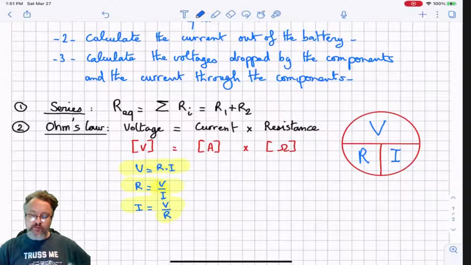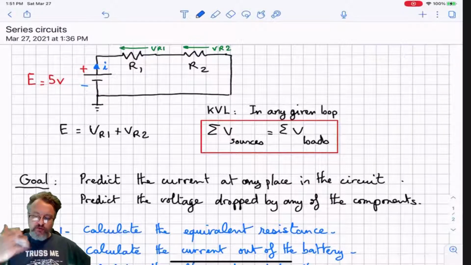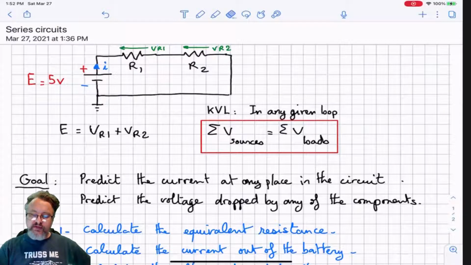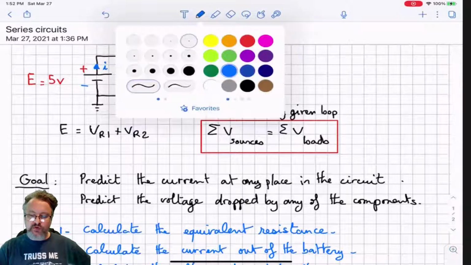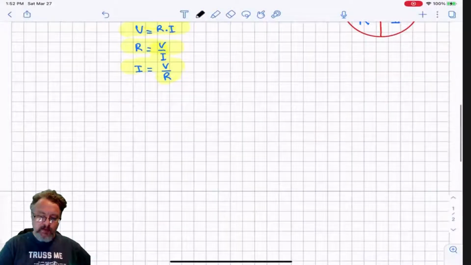Okay, so let's go back to the problem right here. So we see Kirchhoff's voltage law, we see what we need to do. So let's have an example with numbers to illustrate all of this. Okay, let me redraw my circuit over here.